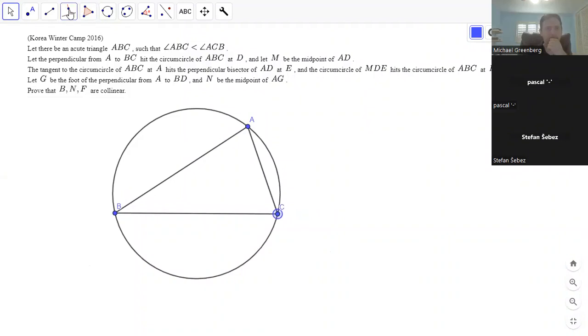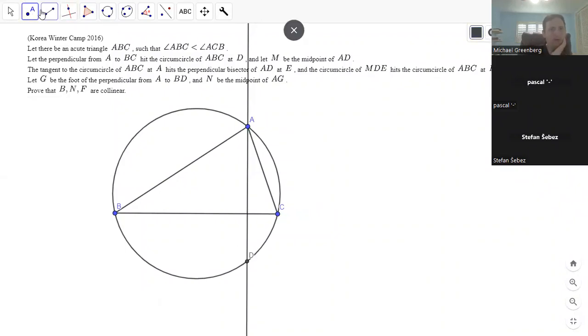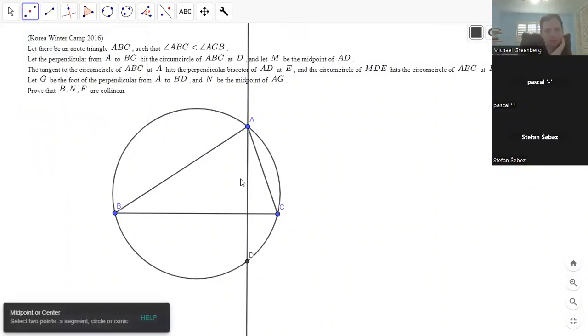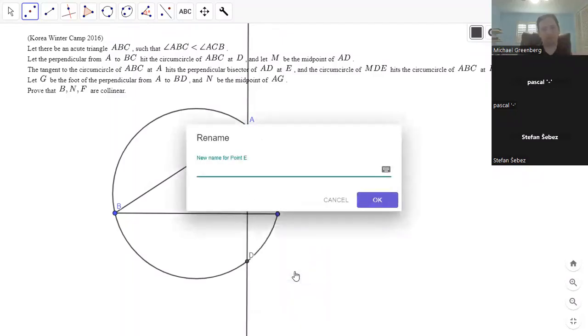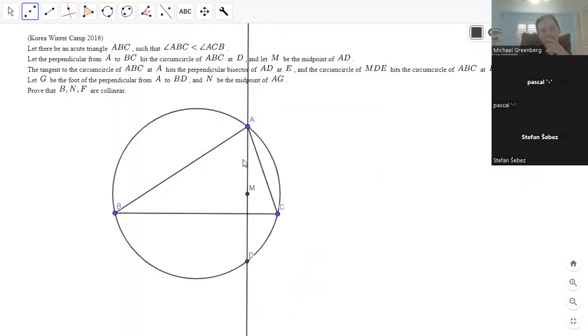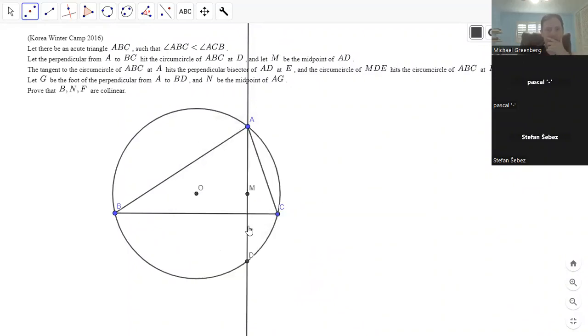I like that better. This would be D, and M is the midpoint of AD. Whoops. That would be M. Maybe it's worth drawing the center of the circle O, so that way OM would be perpendicular.